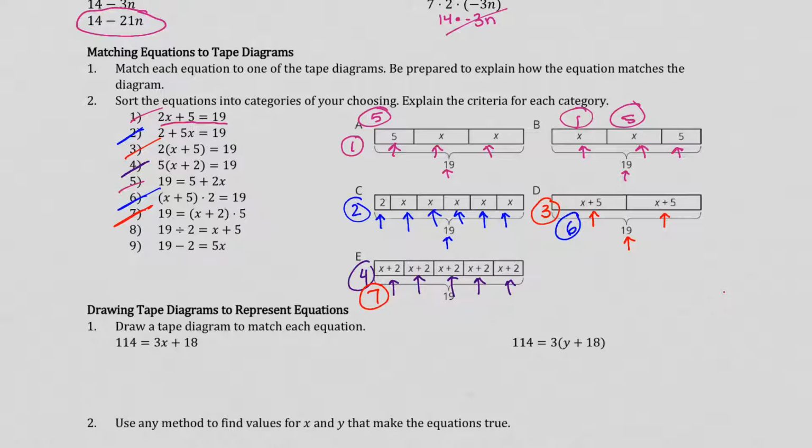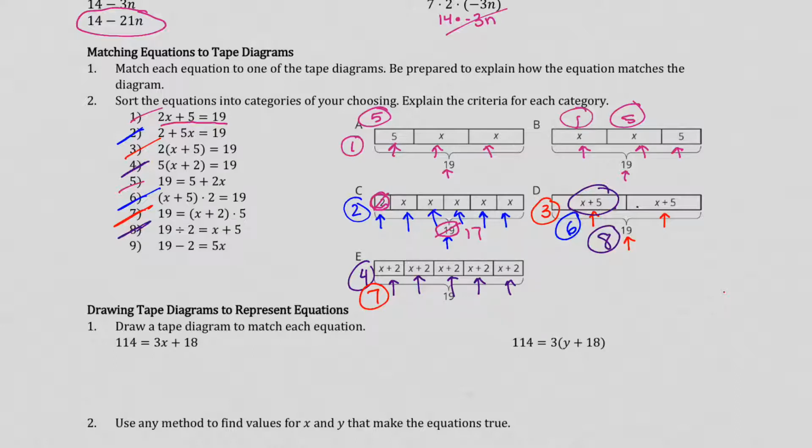Then number 8, 19 divided by 2 equals x plus 5. Well, D has 2 groups, right? So if we divide that by 2, then that would tell us what one of the groups is. So 8 will work with D. And then 9, 19 minus 2 equals 5x. If we do 19 minus 2, take those away, we'll be left with 17.